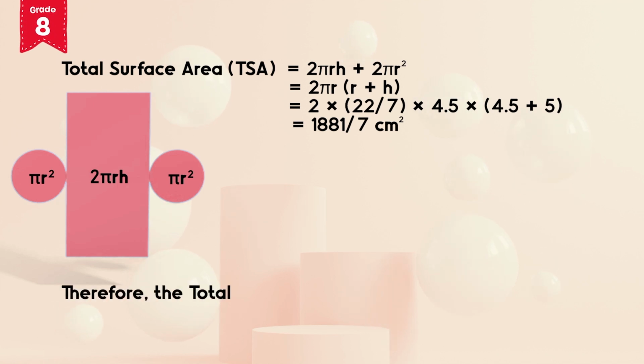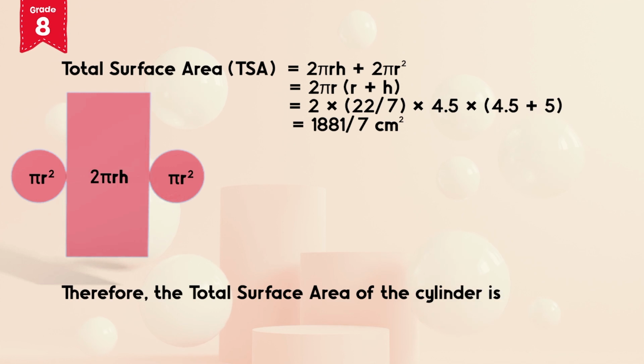Therefore, the total surface area of the solid cylinder is 1881 divided by 7 centimeter square.